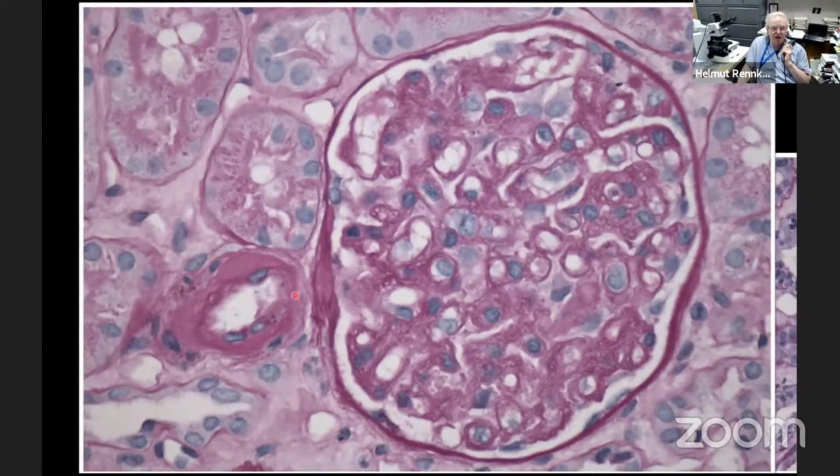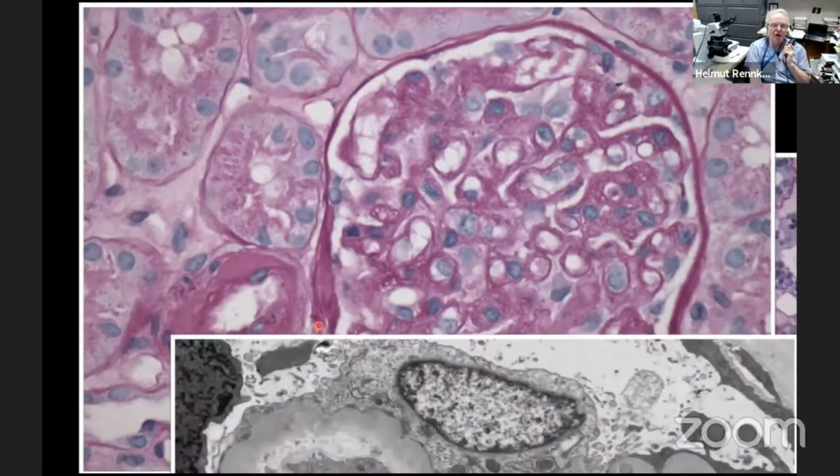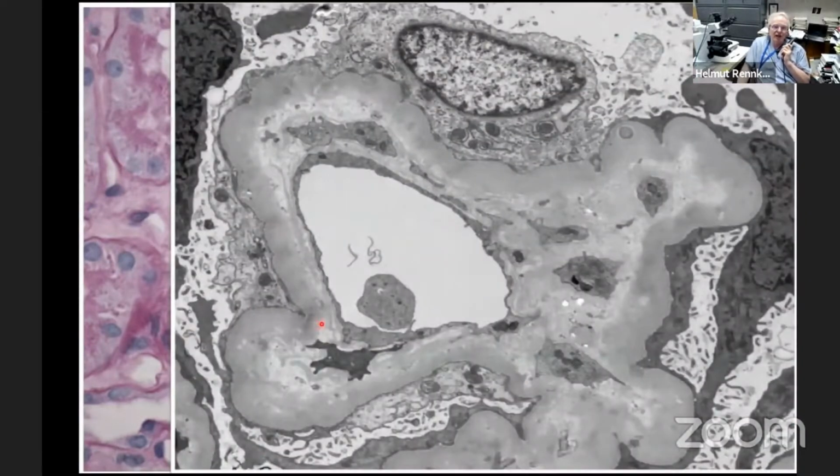Notice also here the hyalinosis of the vessels and the remodeling in the arterial. And the electron microscopy in cases like this, again, shows what I already showed you, namely the loss of differentiation of the endothelium, the widening of the subendothelial space by projections in interposed pieces of cells that have been termed mesangial cells, which in my opinion are only fragments of endothelial cell, no electron dense deposits.